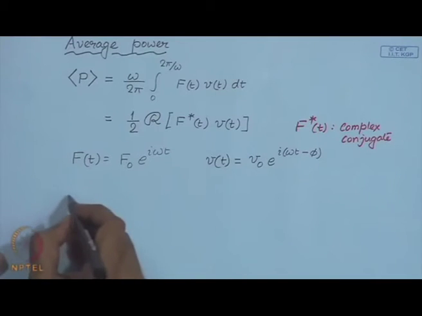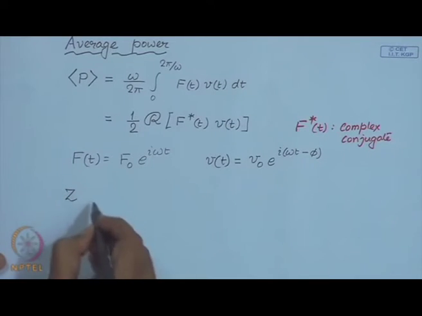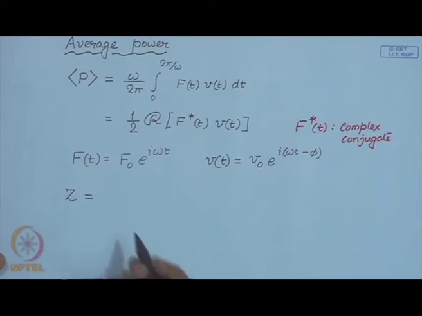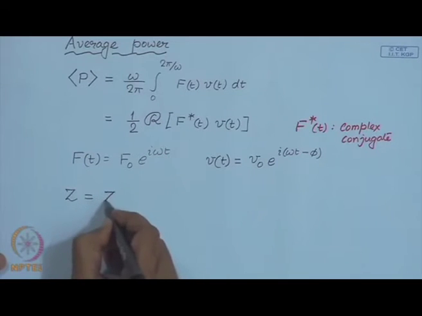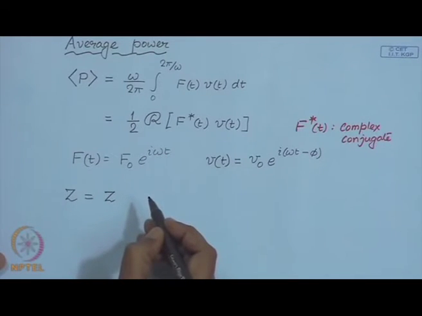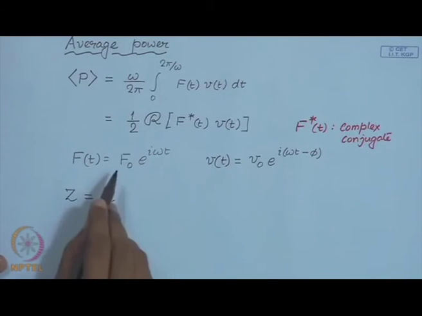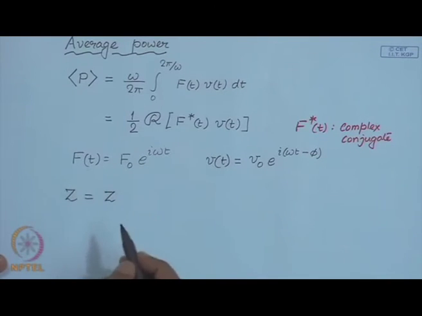Therefore, now we have already defined our impedance. Now, impedance, as I mentioned, is a complex number, and the ratio of the force and the velocity is the impedance.